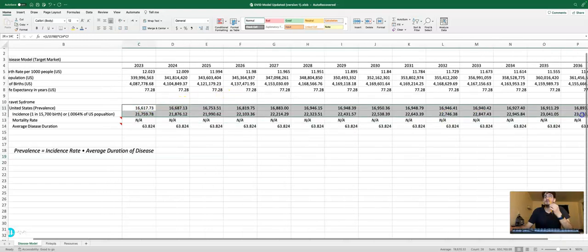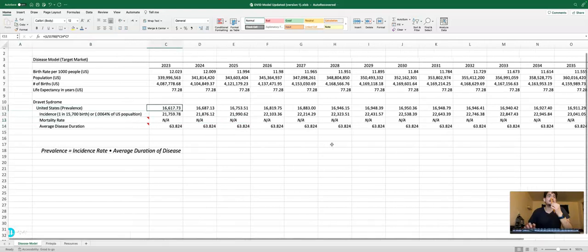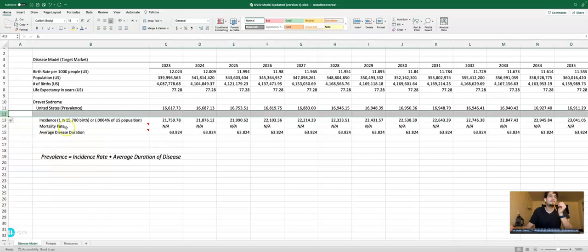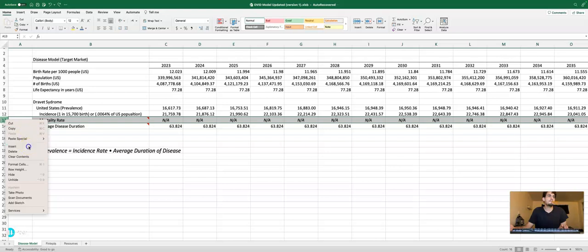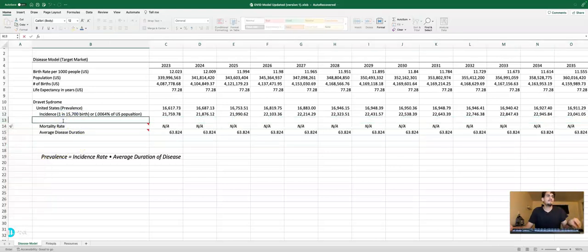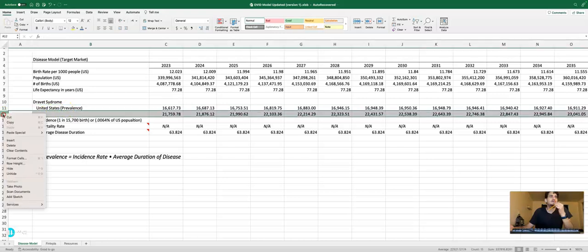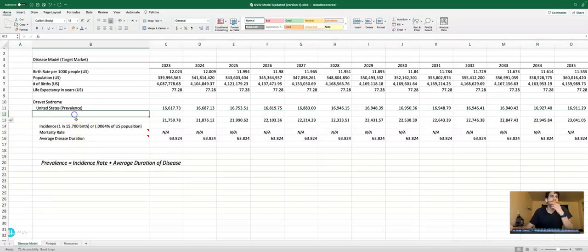So I think I'm just going to go with the bottom one, because it's two ways of calculating the prevalence in the United States. Let me put one more, right?